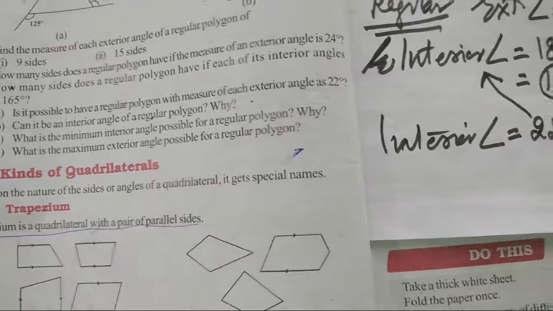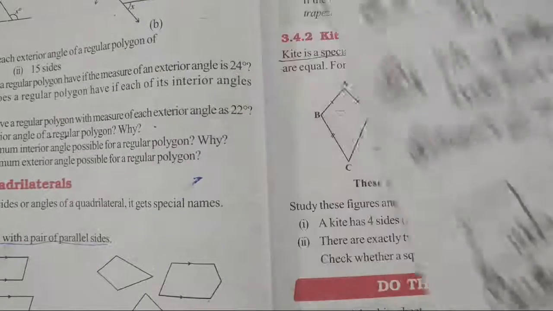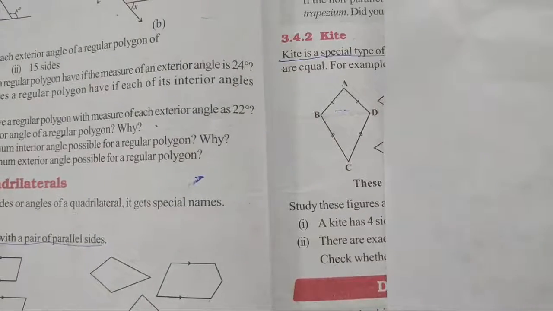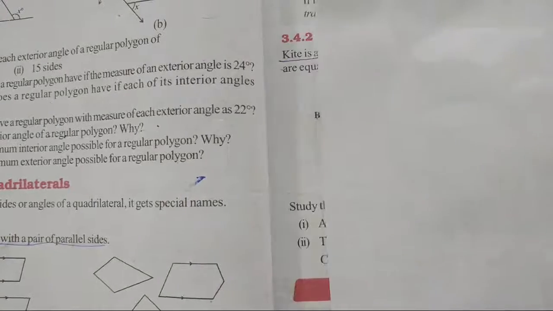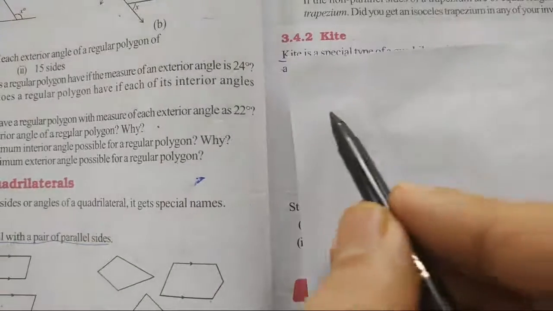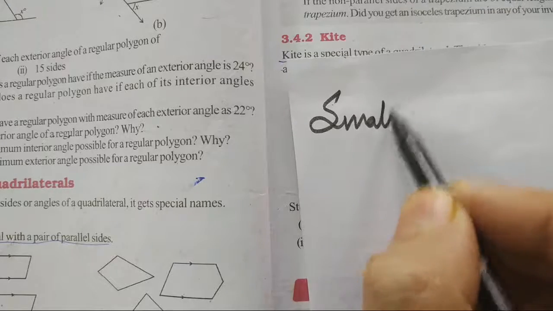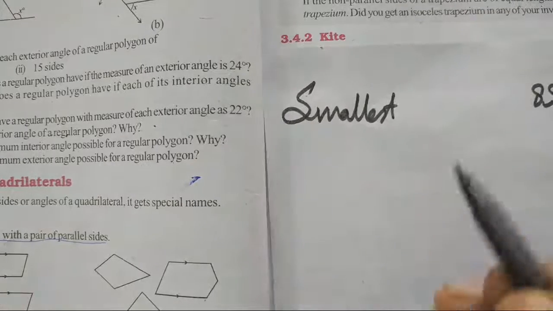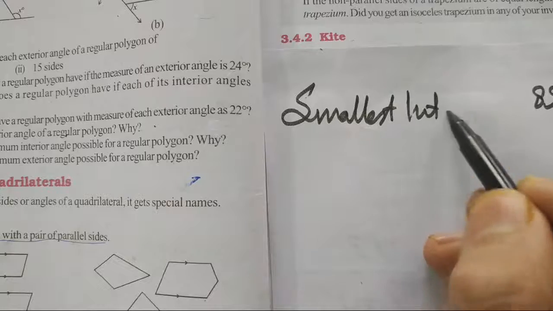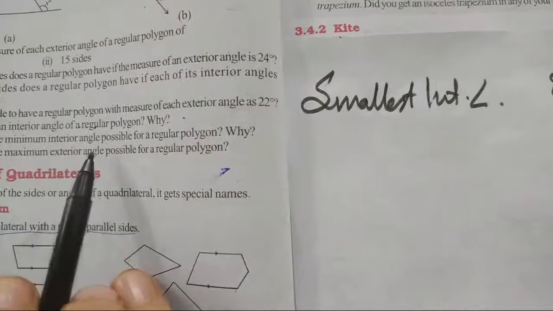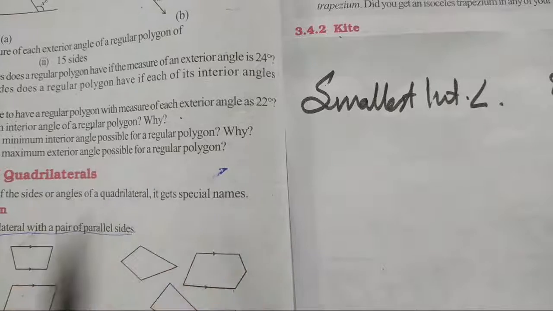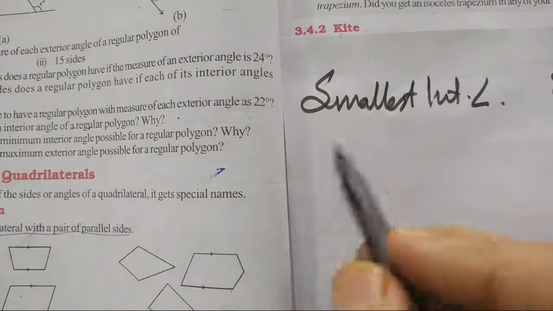Smallest interior angle. What will it be? Type if you know the answer. What is the minimum interior angle possible for a regular polygon?